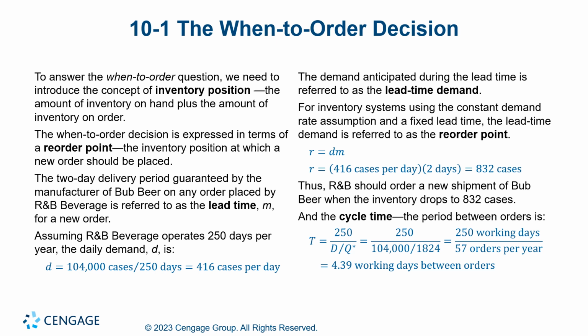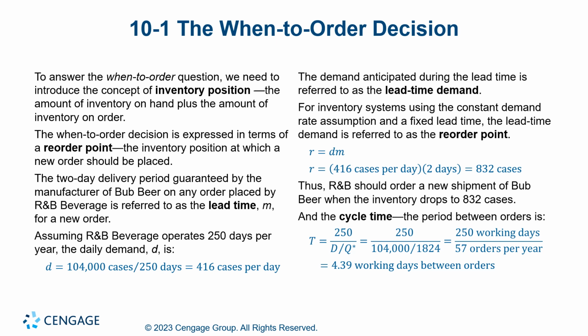So if RMB places 57 orders over these 250 working days, it will take approximately 250 divided by 57, which is 4.39 working days. And therefore, we can say that the cycle time in this case is 4.39 working days.